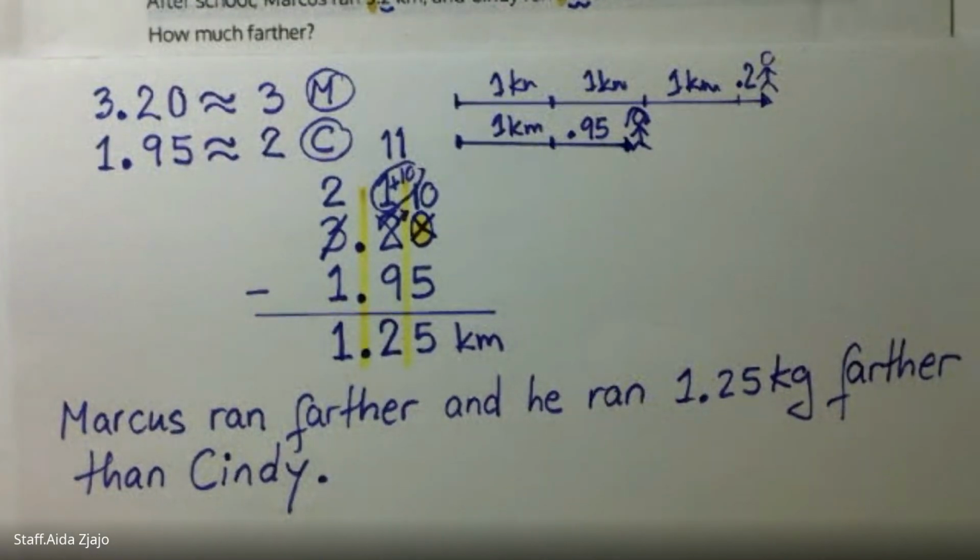Okay, so Marcus ran farther, and he ran 1.25 kilogram, no, kilometers.